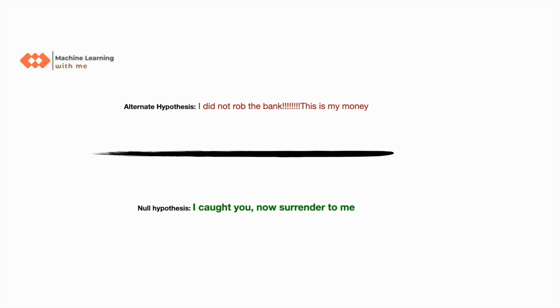Now, statistically, there is a particular threshold for p-value in order to conclude what to reject and what to choose. Okay, so the rule is that 0.05 is the threshold which is commonly considered in practice. So if the p-value is greater than 0.05, then we have to reject the alternative hypothesis and select the null hypothesis.